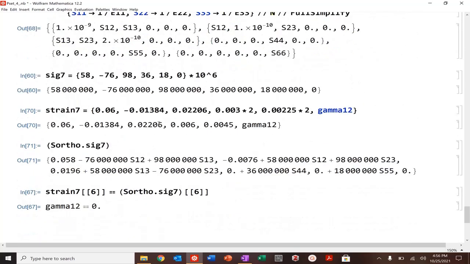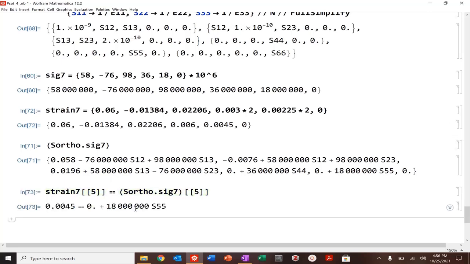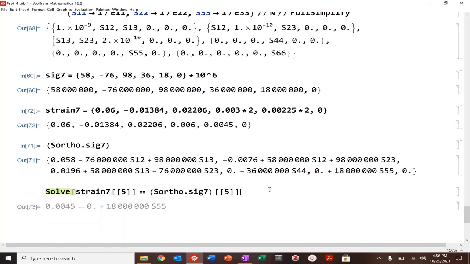So I can start to set that equal to 0. So that's one given. Now I could solve for S55, for example. I have an equation here that directly relates to S55, so I could solve for S55.